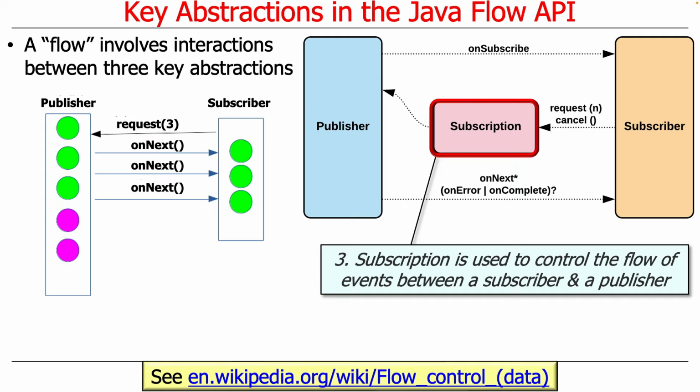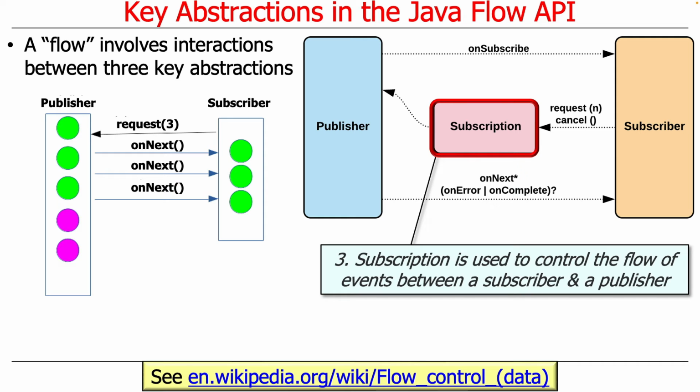One is to give a value that's essentially infinite, like the max integer or the max long, in which case the publisher can send events as fast or as slow as it chooses, and the subscriber pledges to handle them all without having to worry about its resources being overwhelmed by too many events from the publisher. So that's the unbounded subscription model.